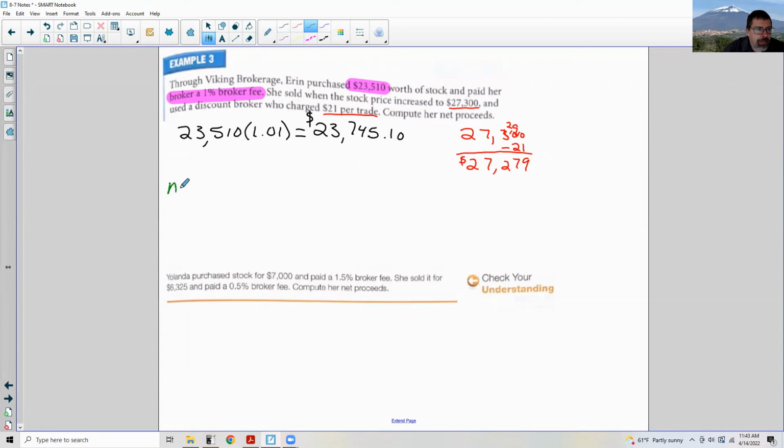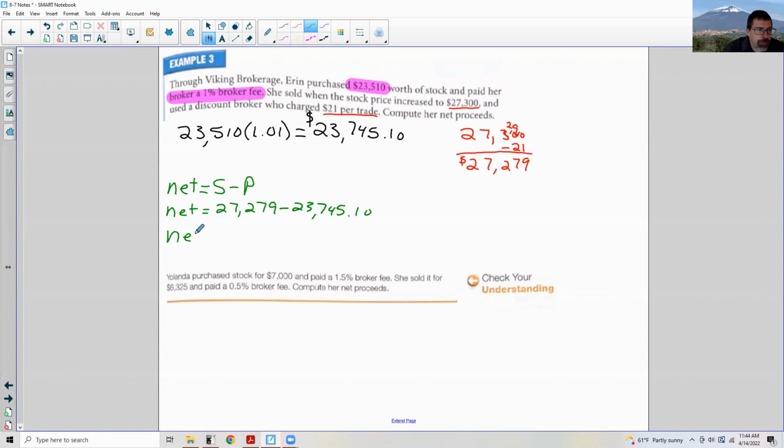So net equals sell minus purchase. So net equals sell, $27,279, minus $23,745.10.